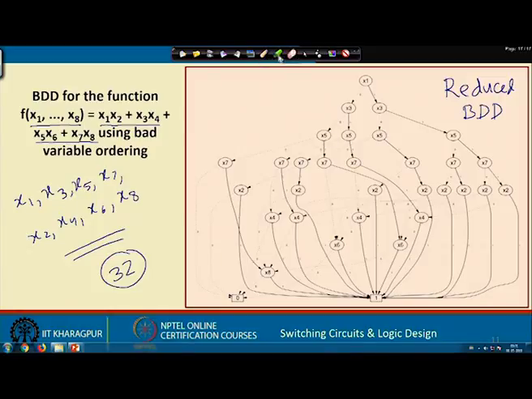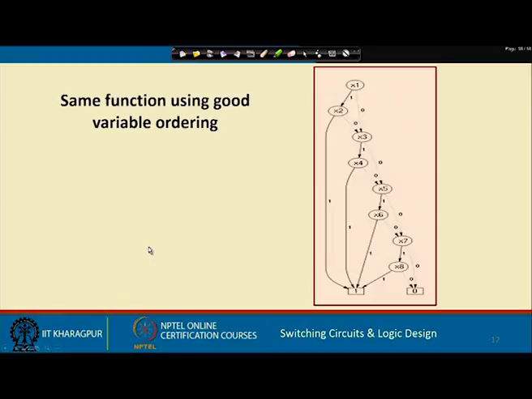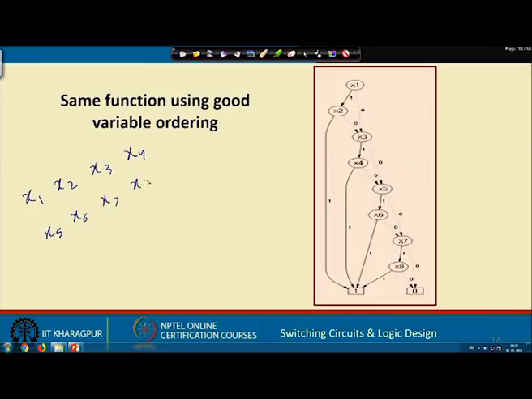But for this same function, if we use an alternate variable ordering, like x1, then x2, then x3, then x4, then x5, x6, x7 and x8, then you see such a compact representation of the function, where the number of nodes is 1, 2, 3, 4, 5, 6, 7, 8, 9, 10, only 10 nodes.